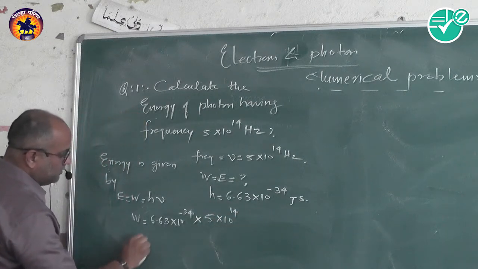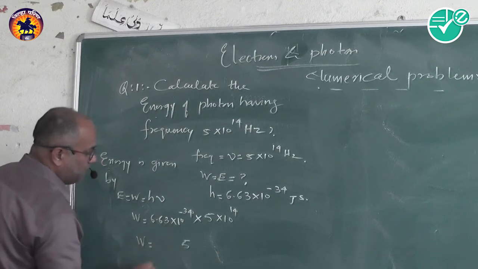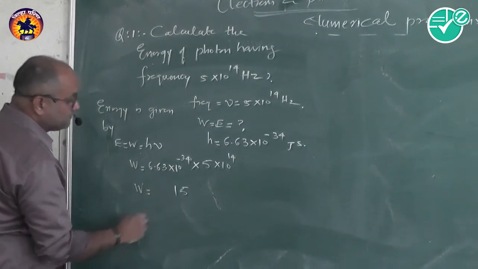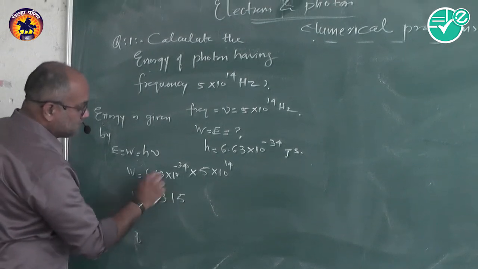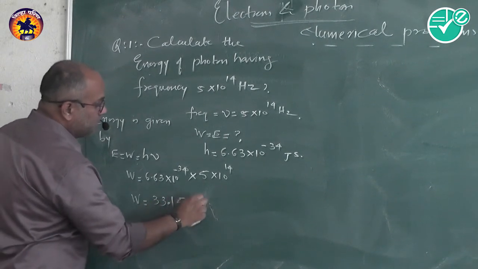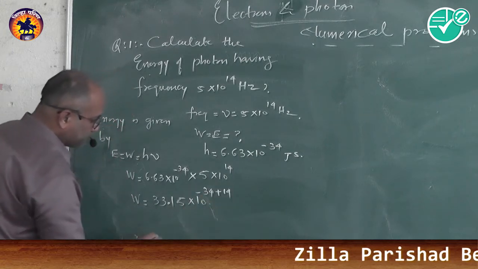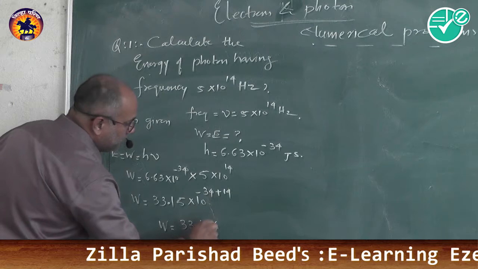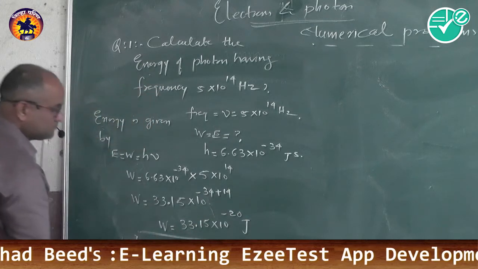Multiply: 5 3s are 15, 1; 5 6s are 30 and 1 is 31; 31, 3 remaining, 5 6s are 30, and this is 33, with 2 places of the decimal, into 10 raised to minus 34 plus 14. So W is equal to 33.15 into 10 raised to minus 20 joule.